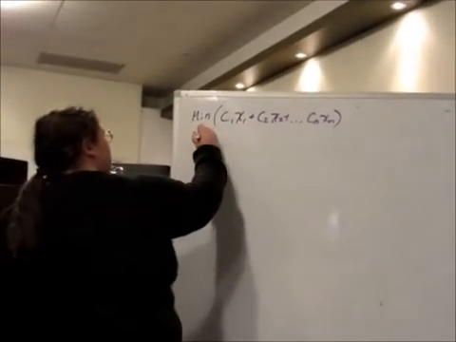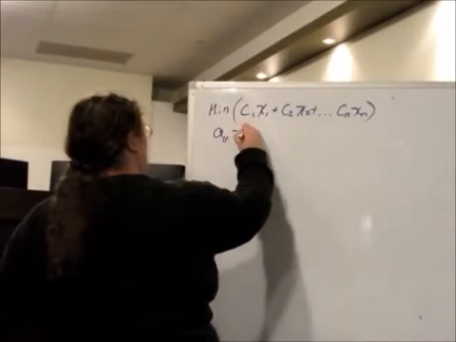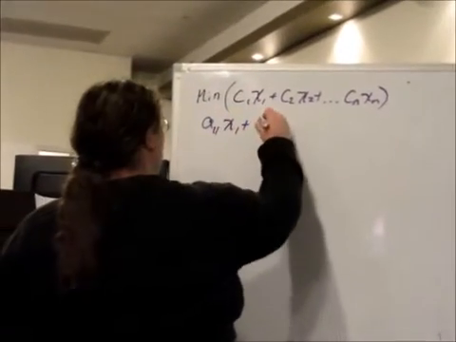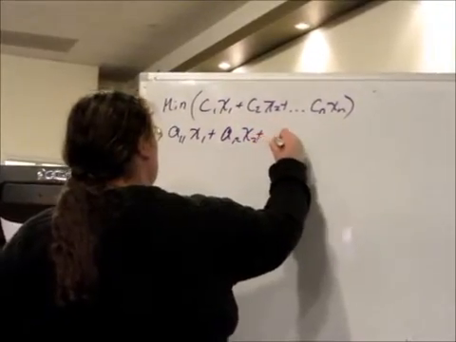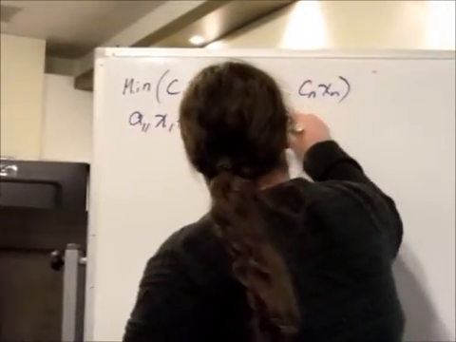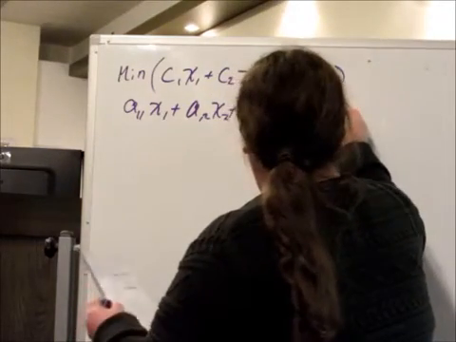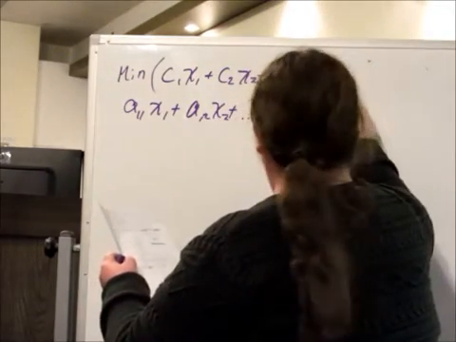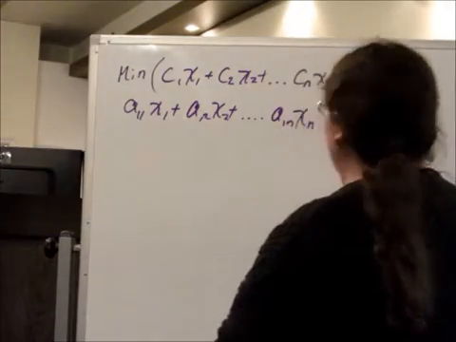We're going to have some variable a11 x1 plus a12 x2 through a1n xn. That has to be greater than or equal to some value b1.